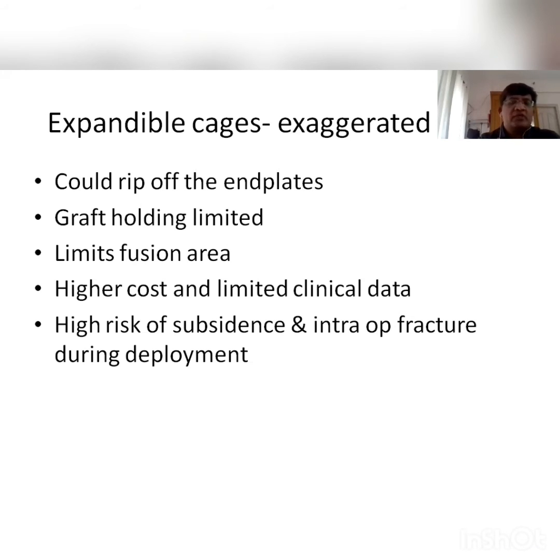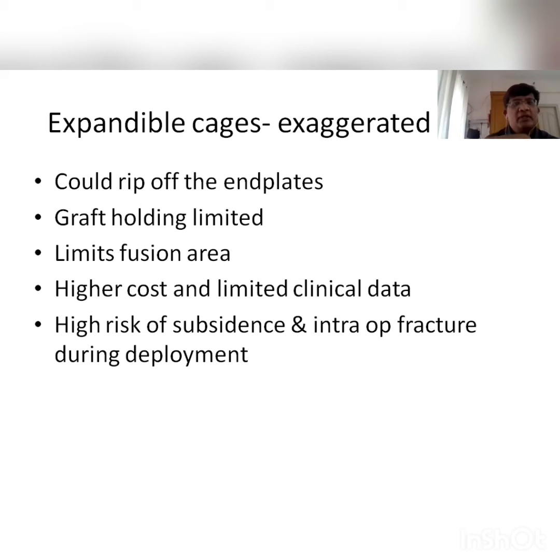When we use these expandable devices and expand them, some of these cages can be expanded 6 to 8 millimeters, from 8 to 16, or from 10 to 14, in that range. We don't really know how much distraction needs to be given to get a firm grip. These all-metal devices can really damage the end plates, causing cage subsidence.